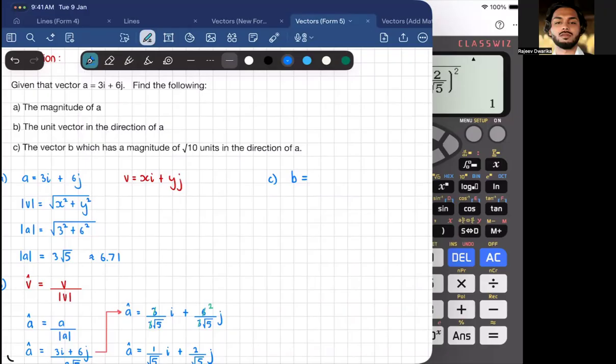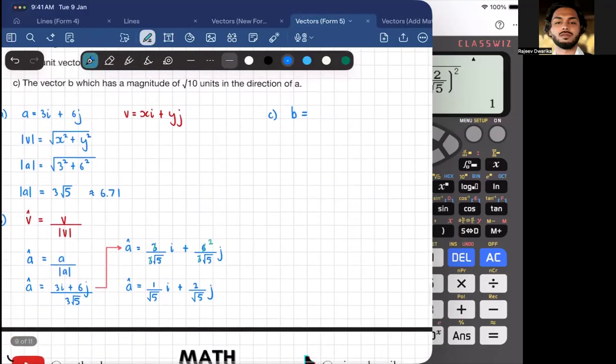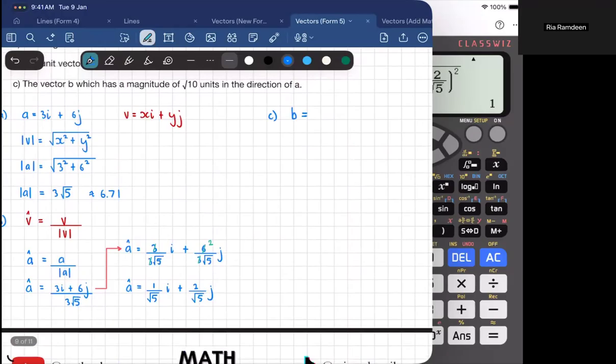So the unit vector, what's the unit vector we found? 1 over root 5 i plus 2 over root 5 j. What's the length of that? 1. And what direction would that be in? a. Perfect.